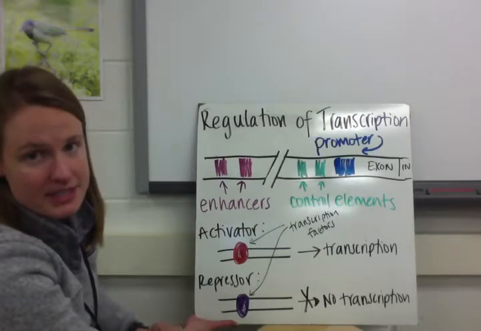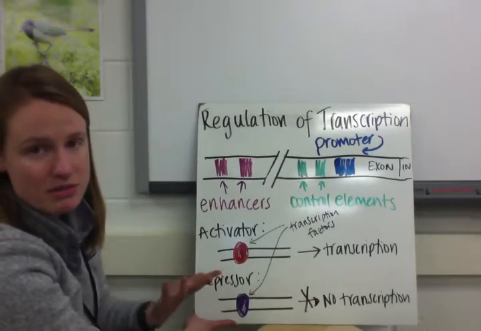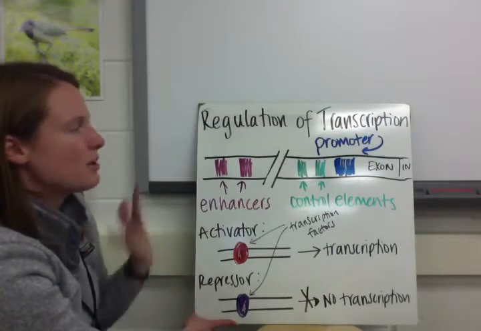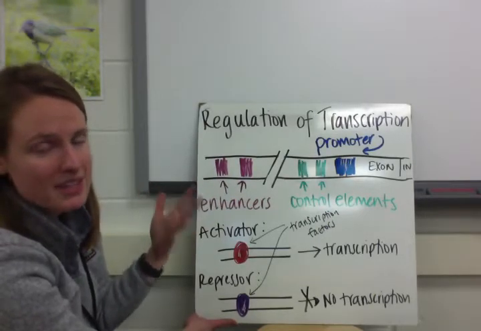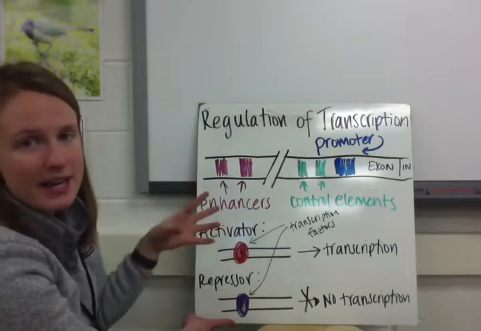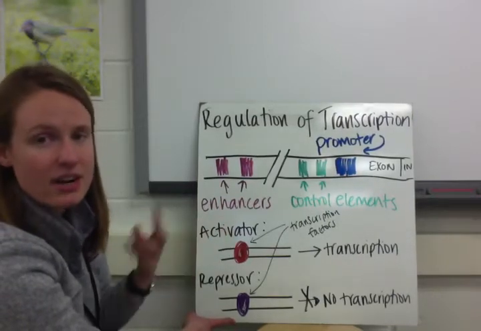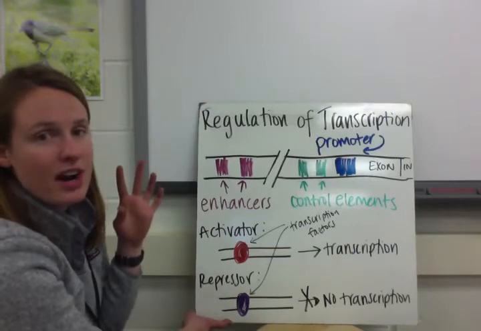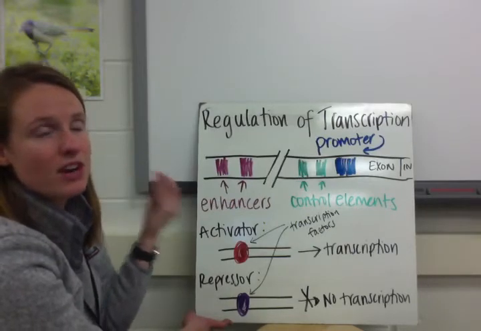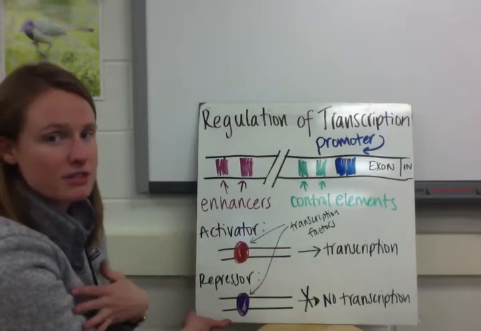The way this happens is transcription factors, just like we talked about with the transcription initiation complex. They combine and attach to other proteins and RNA polymerase and can either encourage transcription or prevent transcription.